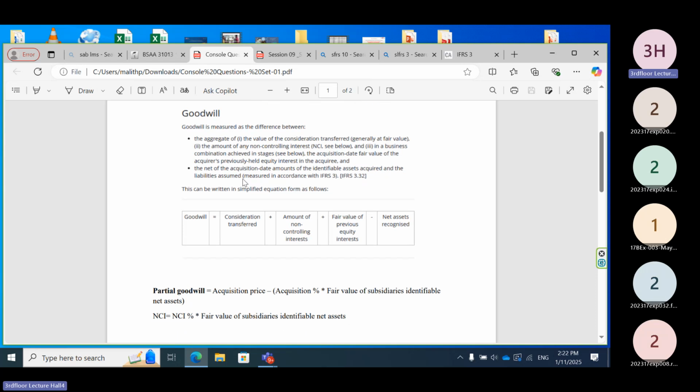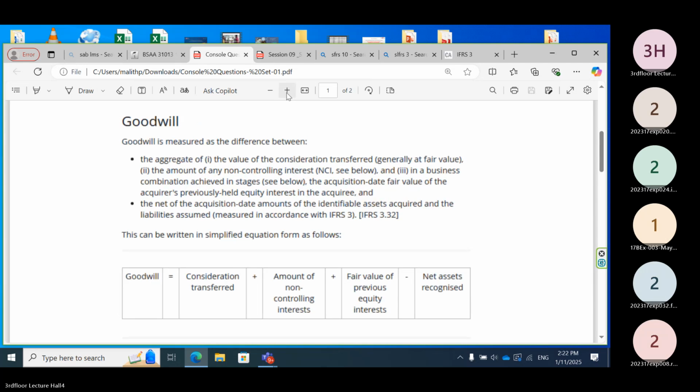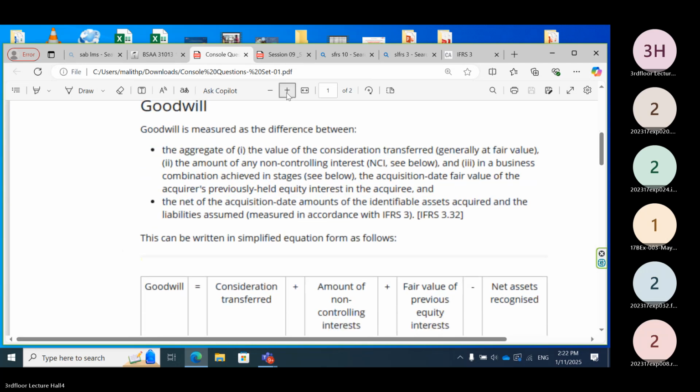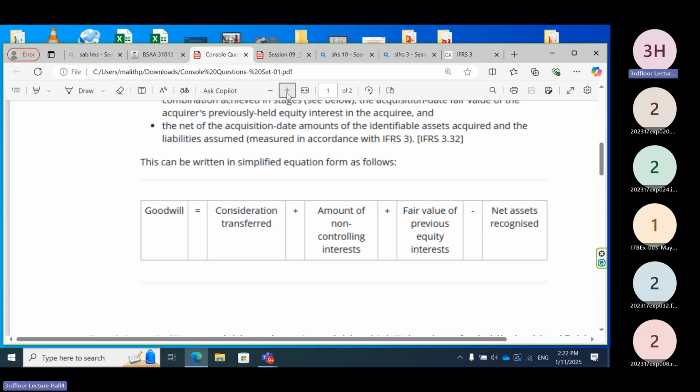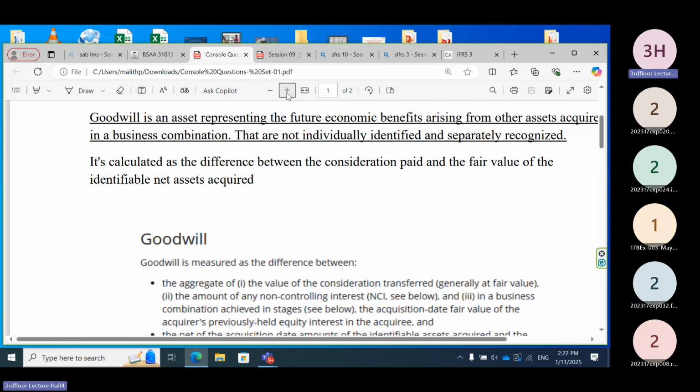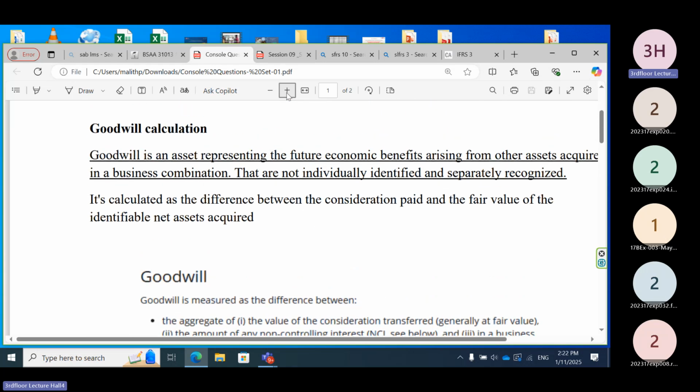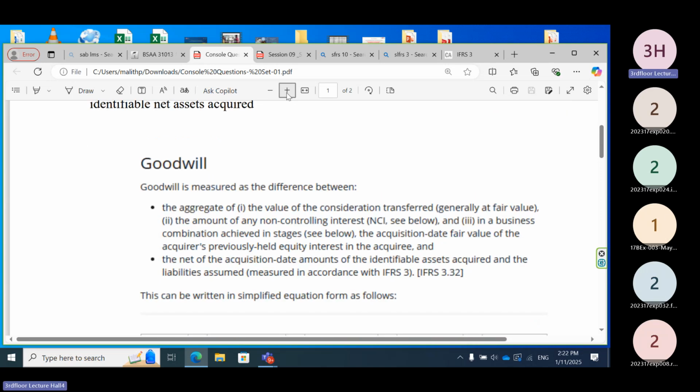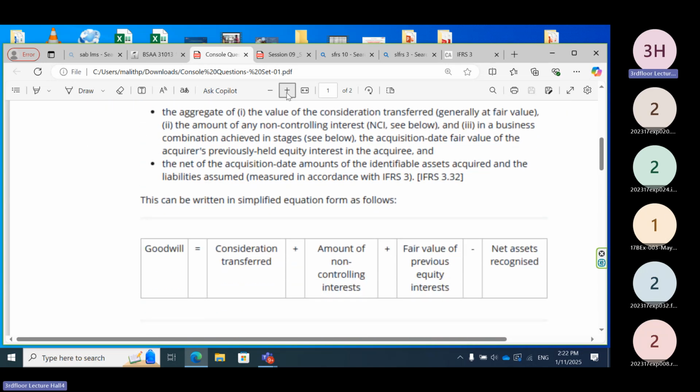We have a formula like this according to the standard definition. What do you mean by this? This is the standard definition, and the standard clearly says how we are going to calculate it. Try to understand the content of the goodwill by using this formula.